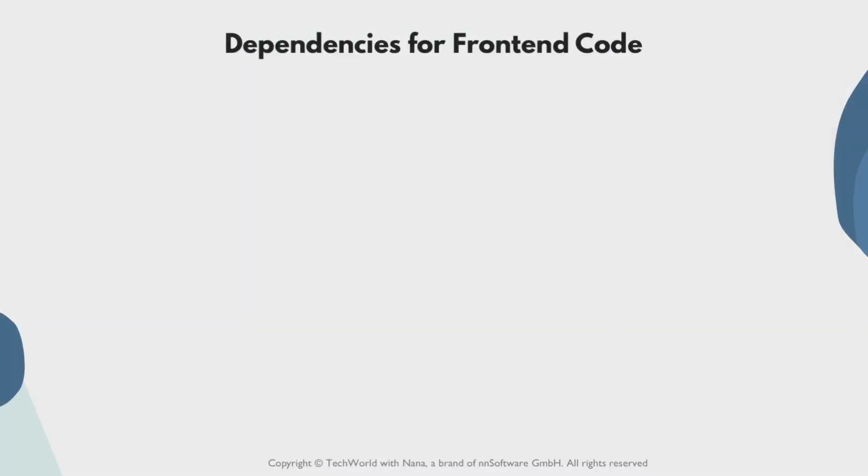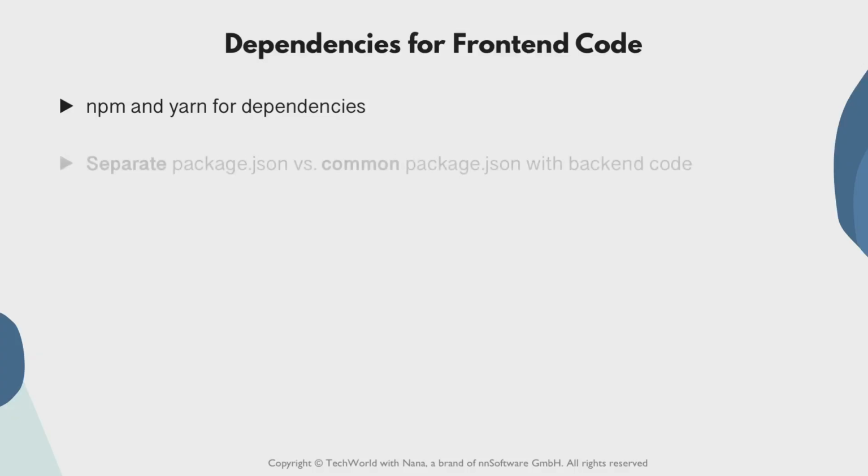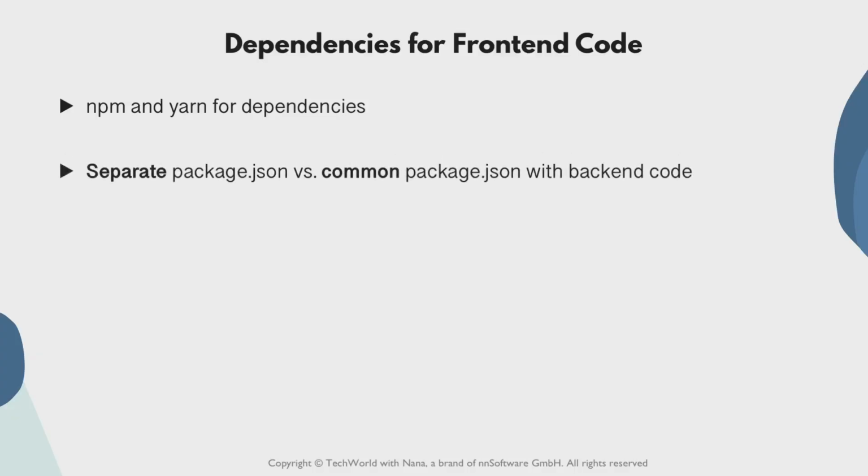So what about the dependencies for front-end code like React? It also has some dependencies just like Node.js. So the same way you can use npm or yarn to do the dependency management as well. And as I mentioned before, you can use common package.json to manage dependencies for both front-end and back-end in a Node.js React application, or you can have separate package.json files.